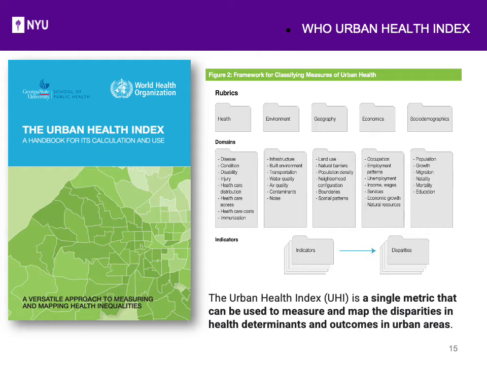In order to capture all the domains that exist within the urban environment, the WHO, the World Health Organization, has designed a composite measure called the Urban Health Index. The Urban Health Index has 5 different measures with several domains. Those 5 measures are listed here: health, environment, geography, economics, and social demographics.